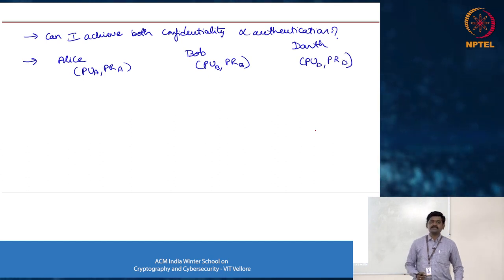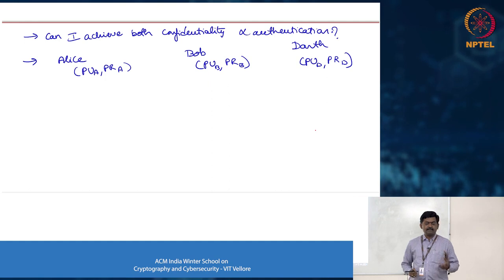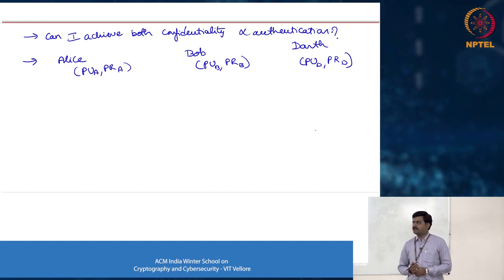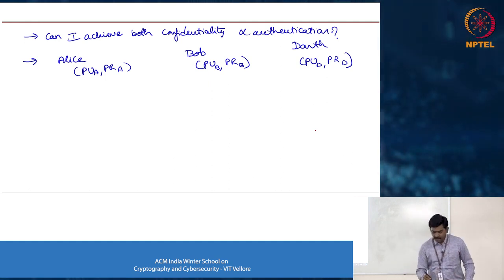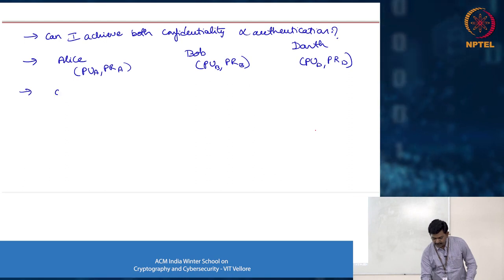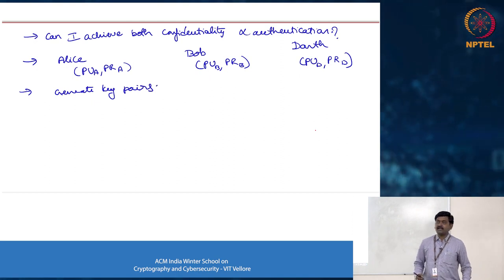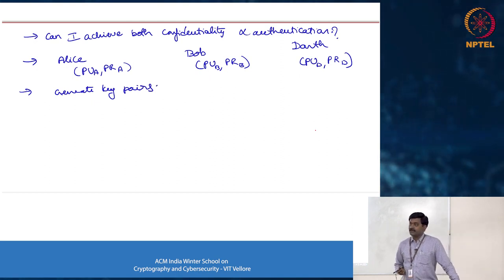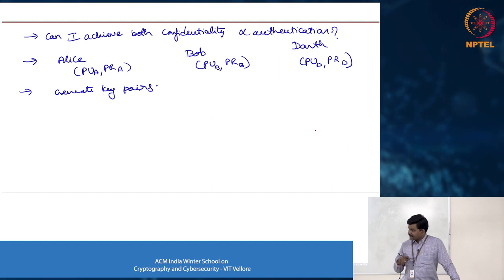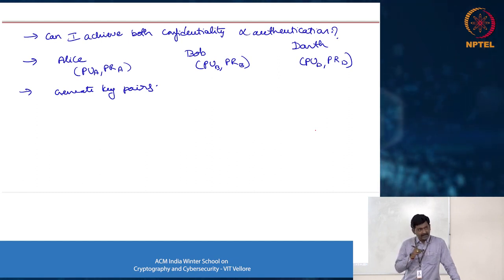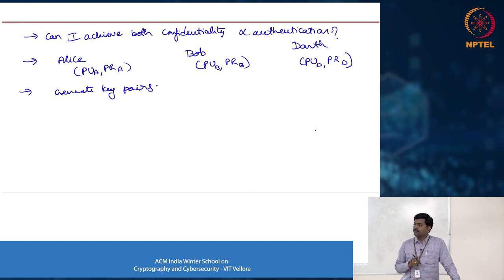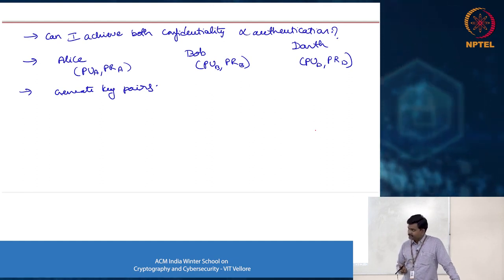So that means what is important for a public key cryptography algorithm is that, first of all, I should be able to generate the key pairs. What type of key pairs? Number one, when I generate the key pair, I should be able to encrypt with one key and decrypt with another key.